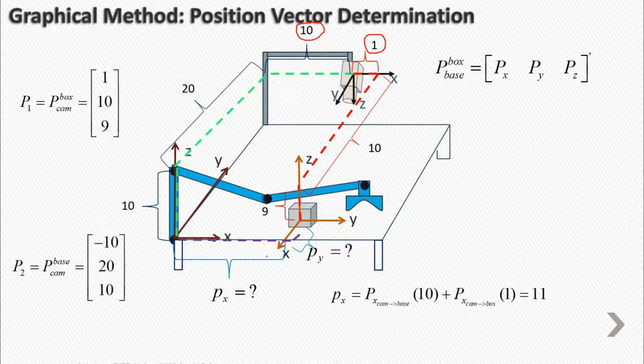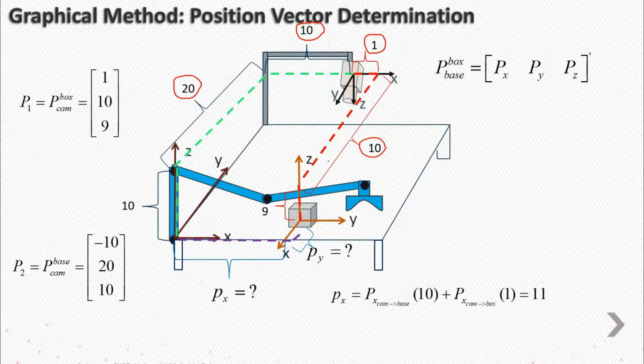Okay, py is the coordination for the base to box at the y axis. So at this point, what is involved is the P1 values here, and the P2 values here.